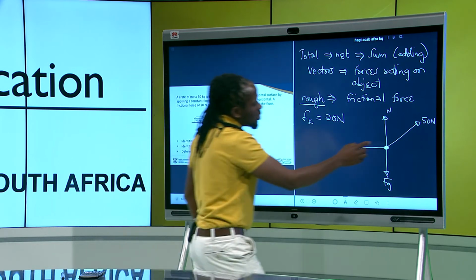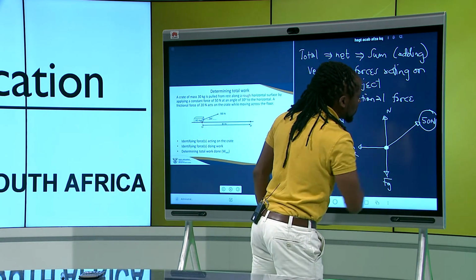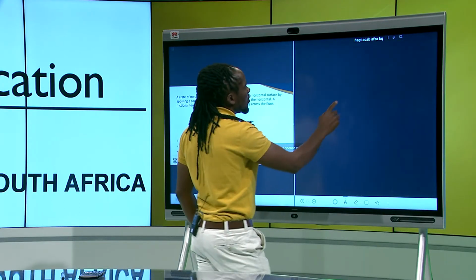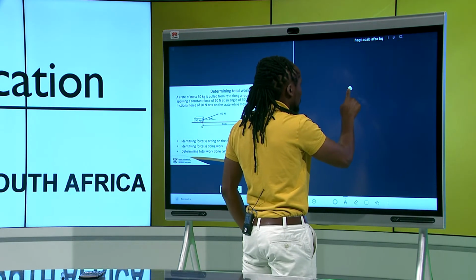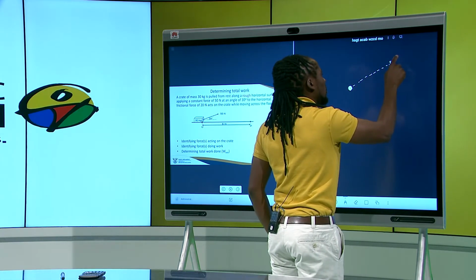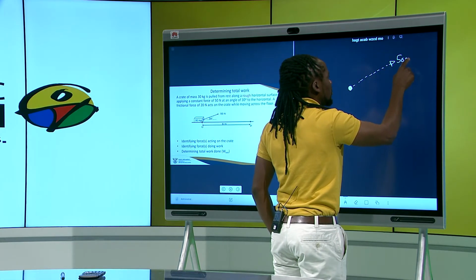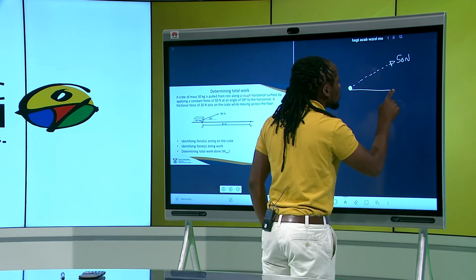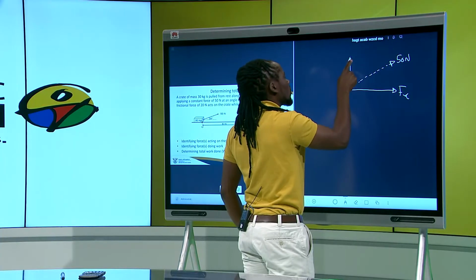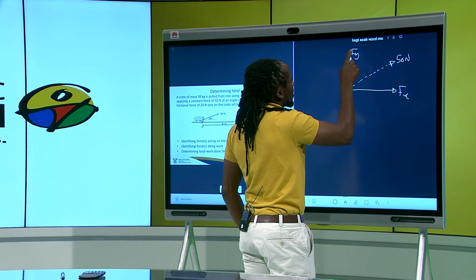Now, of interest to us is this 50 newton force, which acts at an angle. If we go back to what we already know, the 50 newtons, which is the applied force, let me put it in broken line there, consists of a horizontal component, which we can call Fx, and also a vertical component, which we can call Fy, right?